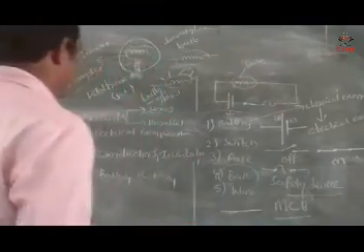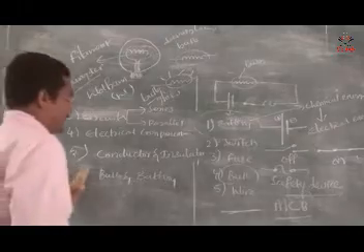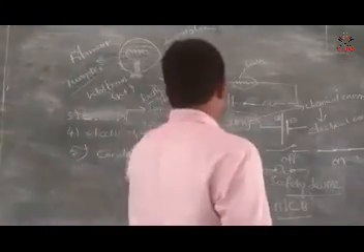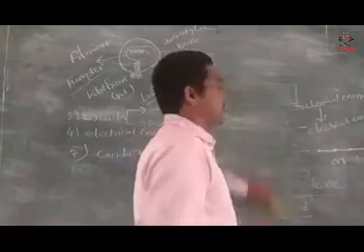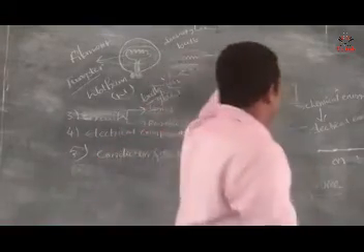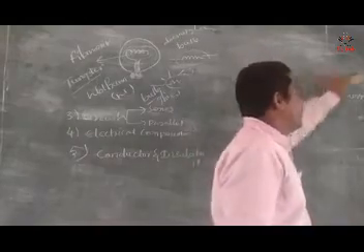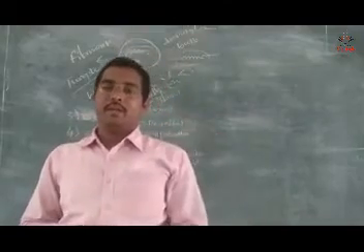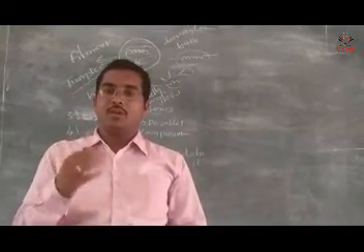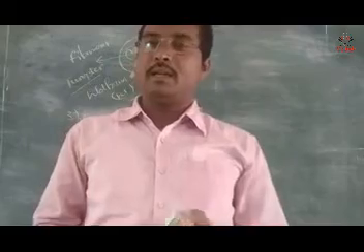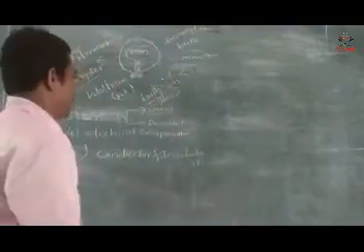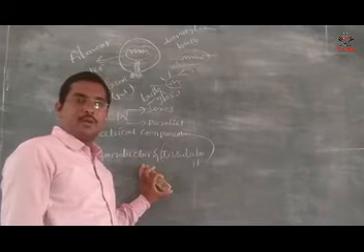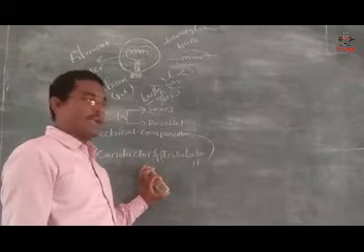And next one, here, conductors and insulators. So what are the examples for conductor? The substance which allows current to pass through it is called a conductor. The substance which does not allow current to pass through it is called an insulator.